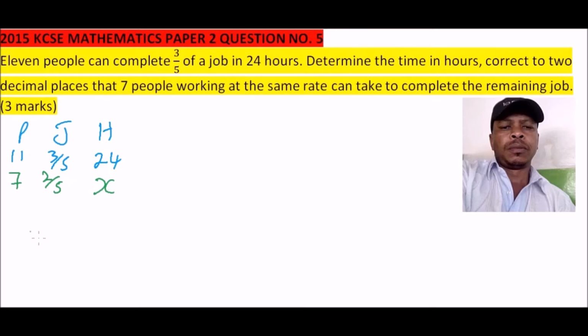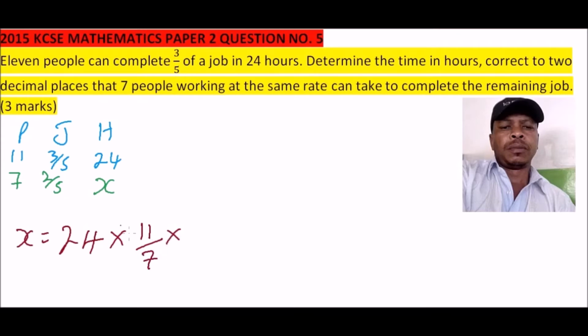Now, what we normally say is we are looking for X. We want to find what happens to the number of hours after making these changes. So we say it is 24. We multiply. When you reduce the number of people from 11 to 7, they will take more hours than when they were 11, and therefore the number of hours will increase by 11 over 7.